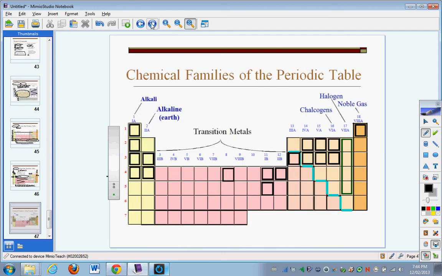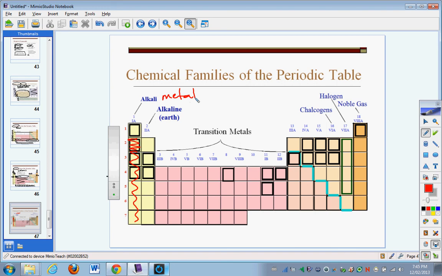The periodic table can also be broken into families of elements. These are elements that have similar chemical properties. In the first column, and ignore these dark boxes, focus on what I highlight here. Starting with lithium right here, and all the way down to the bottom of that column, those are the alkali metals, alkali metal family.